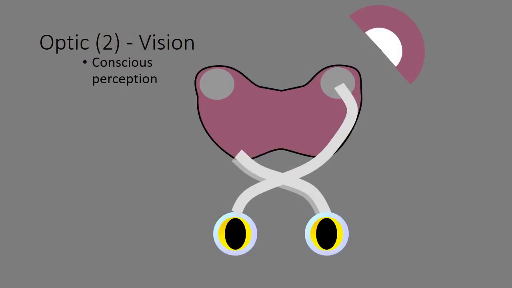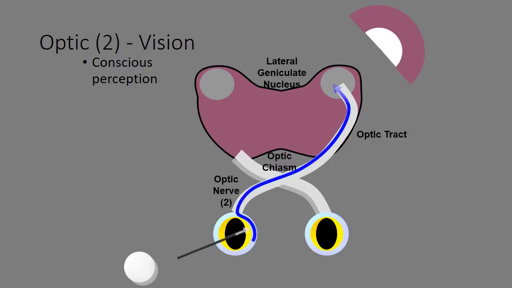Cranial nerve 2 is what we will discuss next, and there are a number of ways to assess vision. Recall that the visual pathway is quite complex, as it begins in the retina, where an object is within the visual field for there to be a conscious perception of what the object is. Then that signal from the retina will travel up the optic nerve, through the optic chiasm, through the optic tracts, where it'll synapse in the thalamus on the lateral geniculate nucleus.